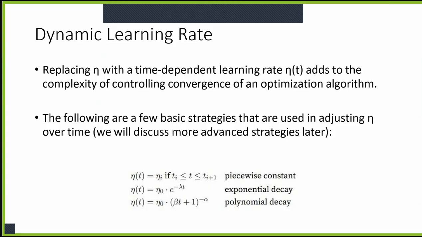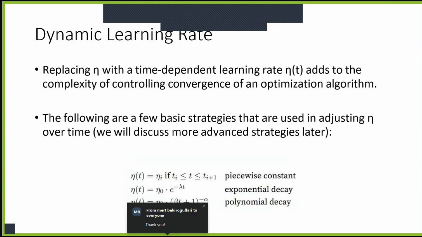So the learning rate is basically a hyperparameter, which is the step size determining how much we will update the model weights. If the learning rate is high, that means we are updating the model quite drastically, whereas if the learning rate is low, we're changing it in a more controlled fashion.